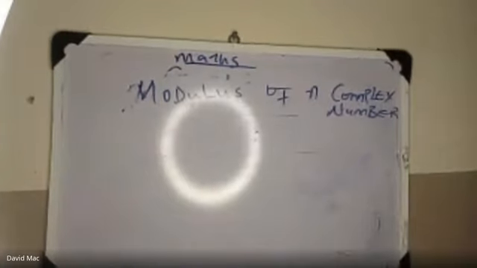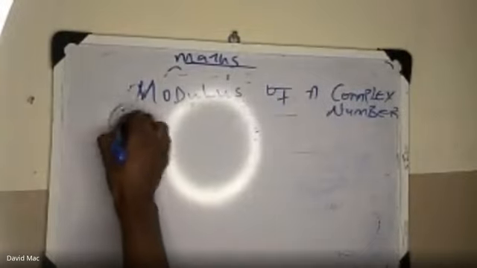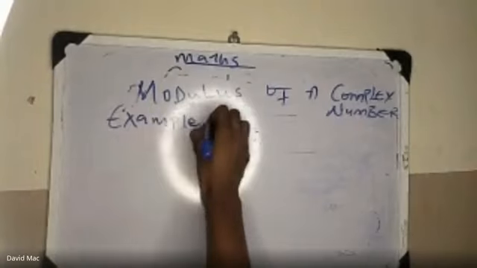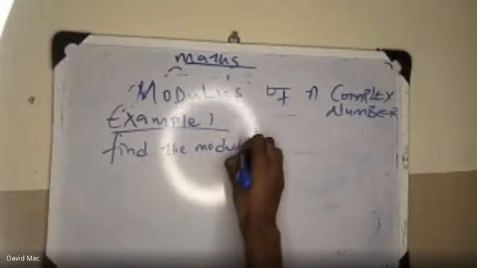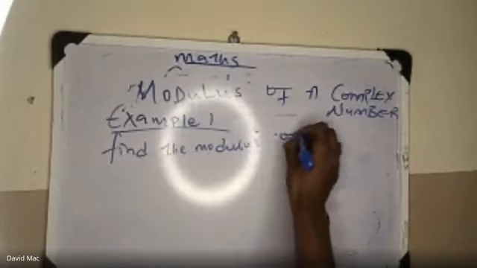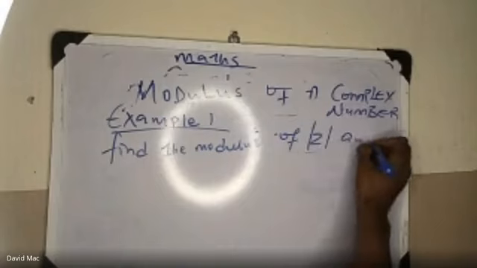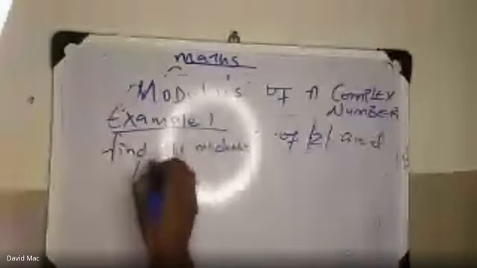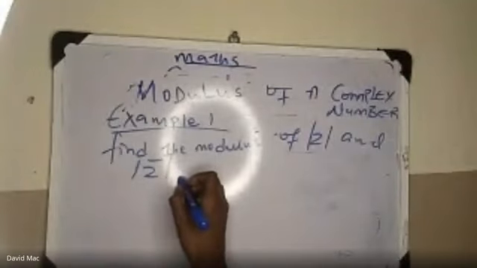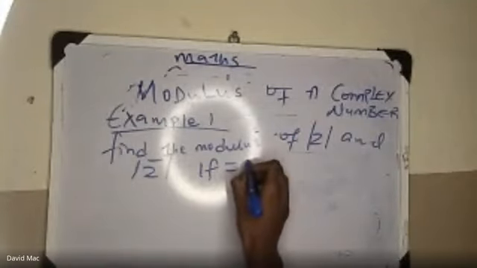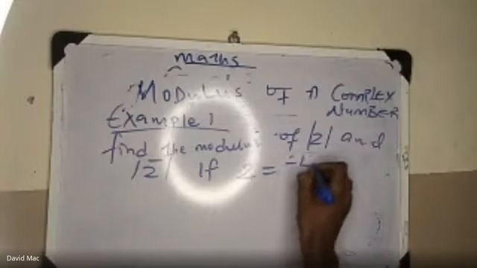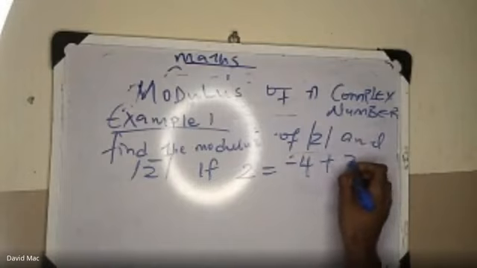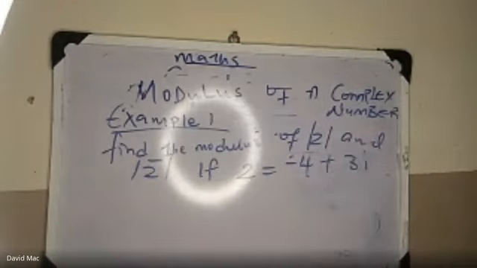They said find the modulus of z and the modulus of the conjugate of z, if z is equal to minus 4 plus 3i. Example one now. So solve this question.